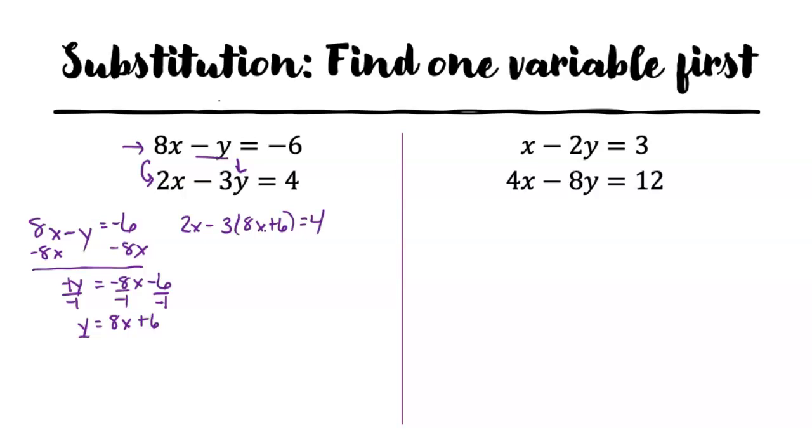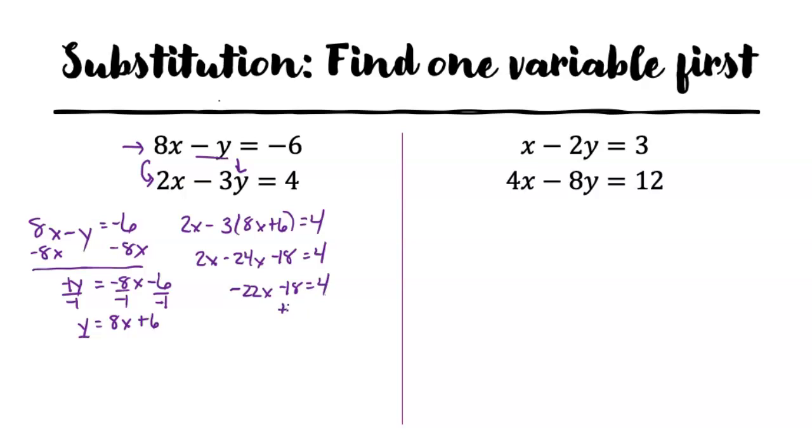Now we are going to simplify. That's the first step in solving. Simplify each side. So remember, distribute. 2x, that 3 is negative, so negative 24x. Negative 3 times 6 is negative 18 equals 4. Combine my x terms there, so I have negative 22x minus 18 equals 4.